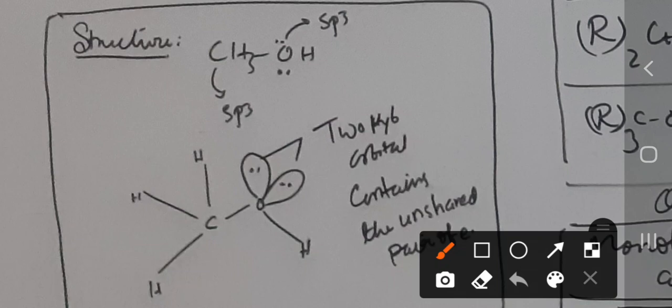In this example, you can see that carbon is sp3 hybridized and the OH group is attached to the alkyl group, and oxygen contains 2 unshared pairs of electrons, so hybridization will be what? Bond pair plus lone pair, BP plus LP. Oxygen forms 2 bonds and 2 lone pairs, so it is sp3.